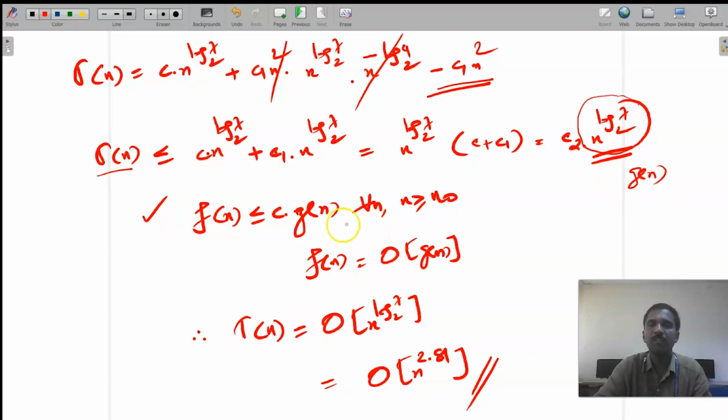When f of n is less than or equal to c into g of n, we can write f of n is equal to big O of g of n. Likewise, here t of n is equal to big O of n power log 7 base 2. That means big O of n power 2.81. This is the computational complexity of Strassen matrix multiplication algorithm.